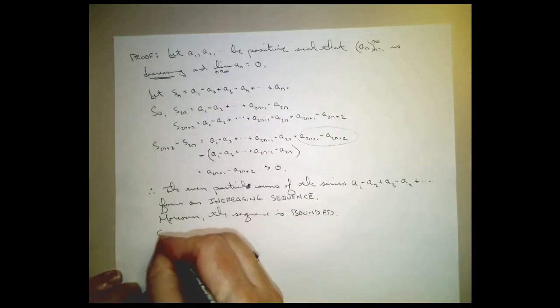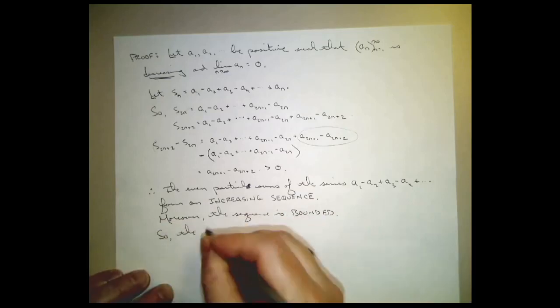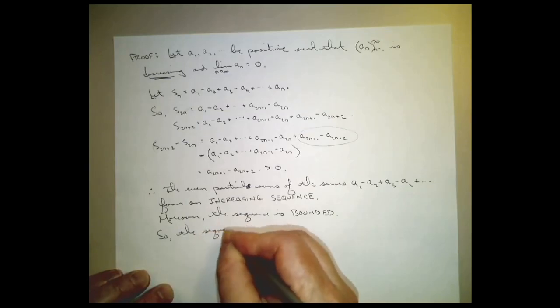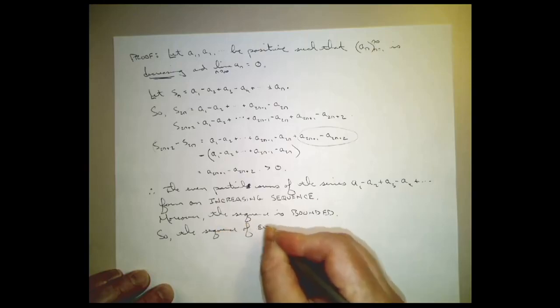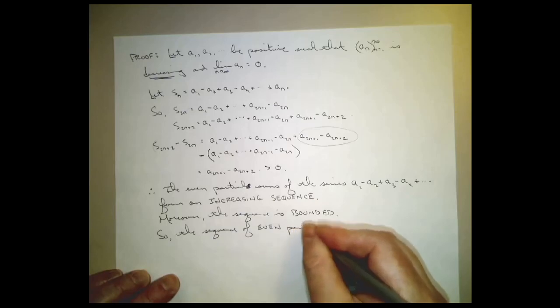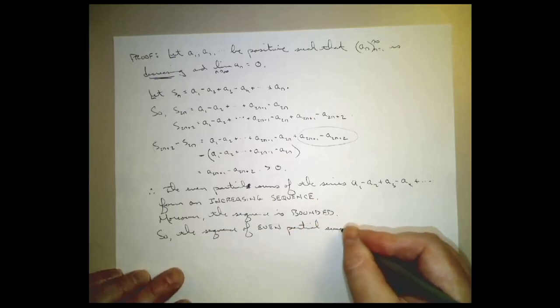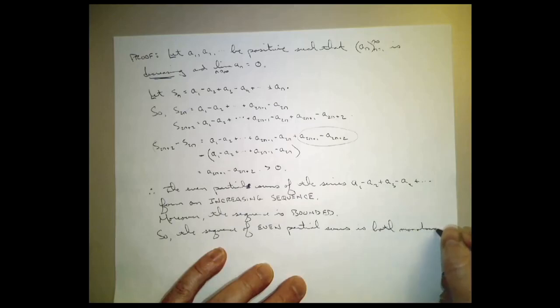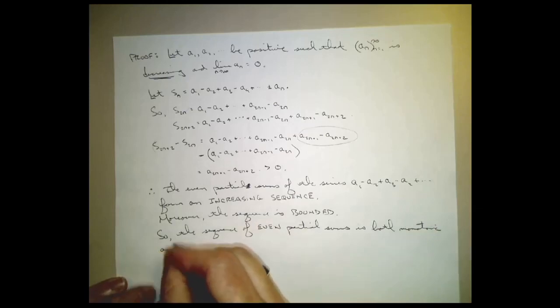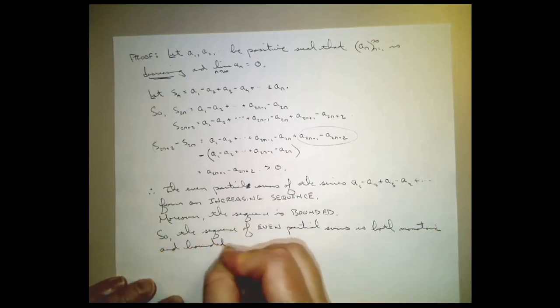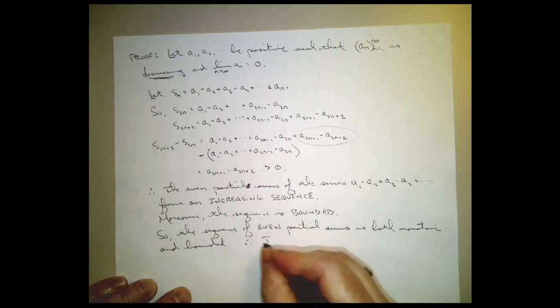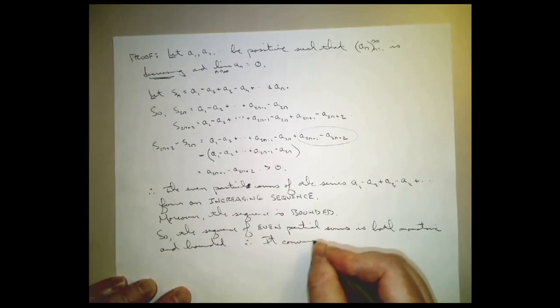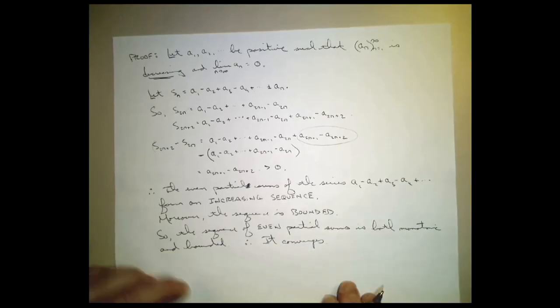And so the sequence of even partial sums is both monotonic and bounded. And therefore it converges.